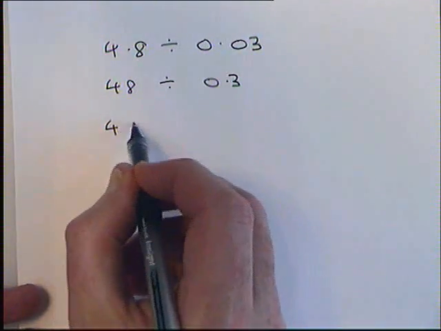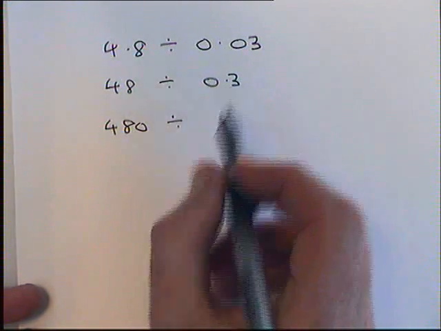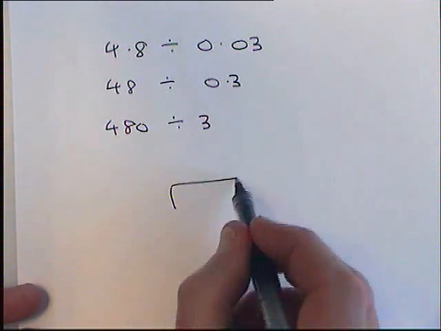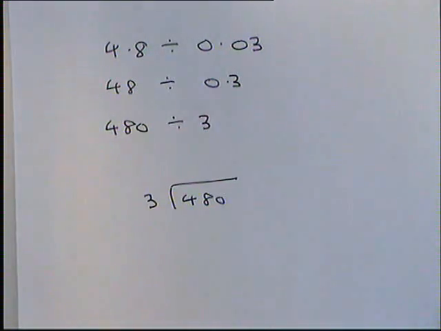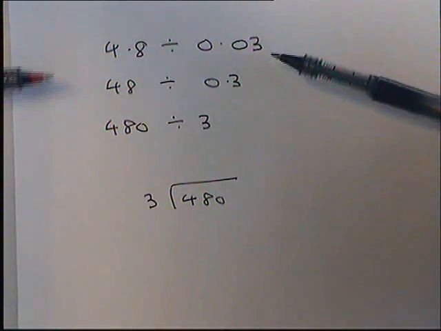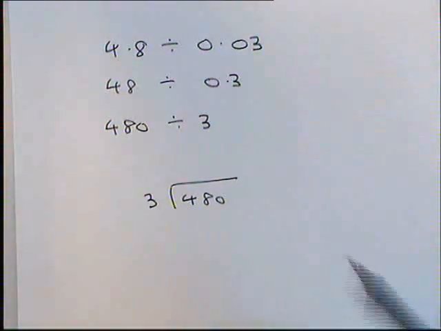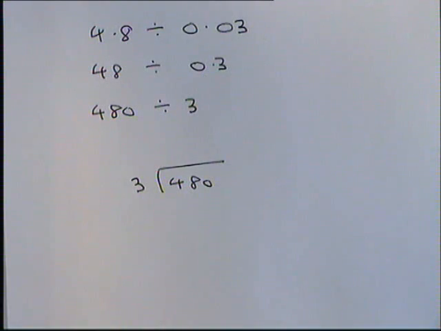Times this one by 10 is 480. Times that one by 10 is 3. And when that's a whole number, then we could carry on and do the dividing as normal. You just times by 10, and if you still haven't got a whole number, times them both by 10 again. You can keep going, and eventually, once this one is a whole number, then you can do your dividing.